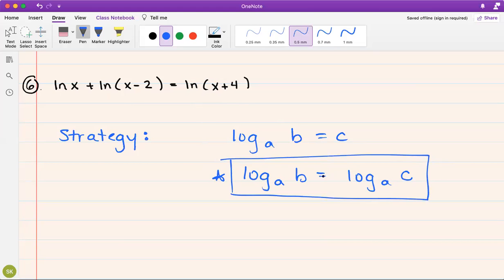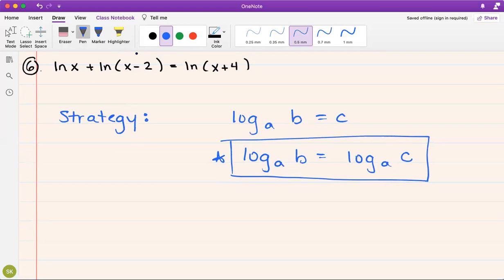And then once we get to here, we're just going to cross these logs out, and then we'll have b is equal to c. So combine whatever you see on the left-hand side into one log, and if you see some stuff on the right-hand side, you want it to be just one log.